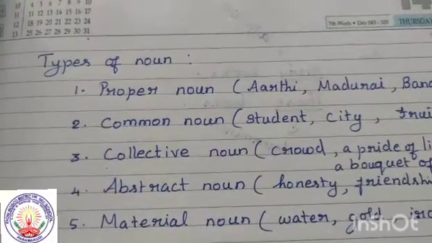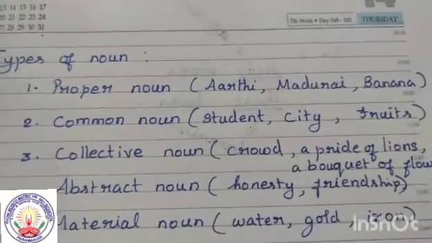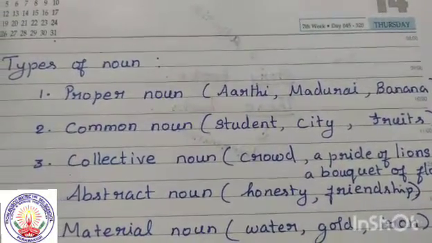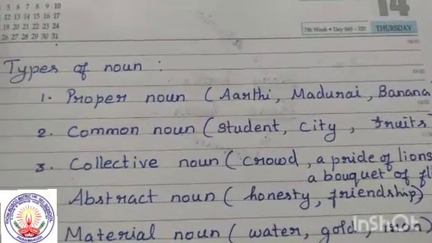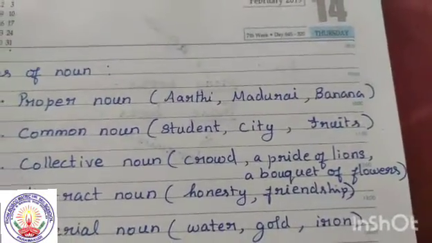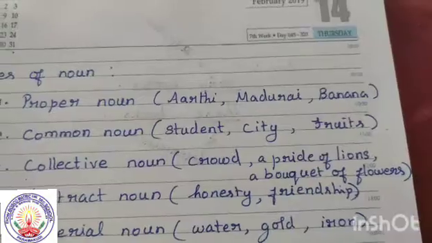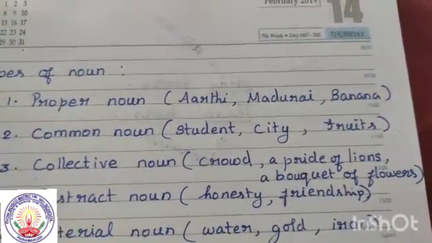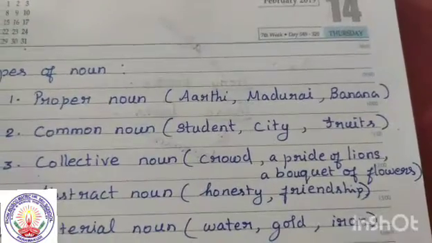So student is a common name. And also city is a common noun. What is the proper noun of city? Madurai, it's a particular city, but city is common. Banana, apple, orange, these are particular fruits, but fruit is the common name.